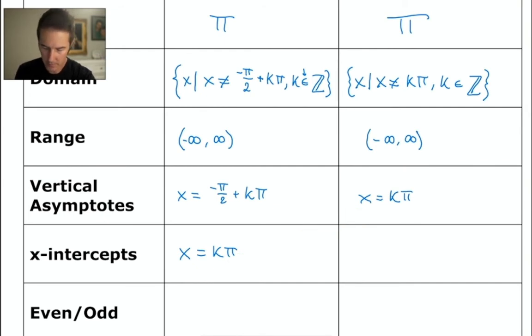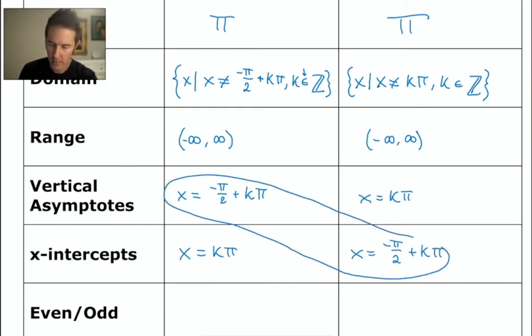And the x-intercepts on the cotangent function, that's a 2 down there, by the way, are happening where the tangent graph has its vertical asymptotes.